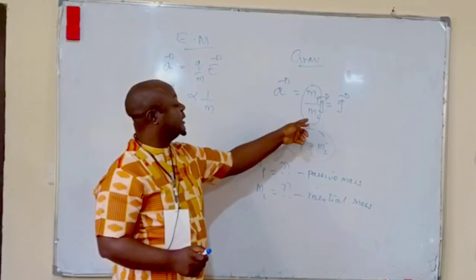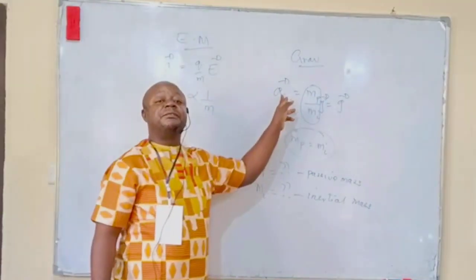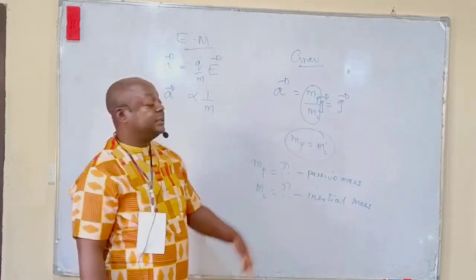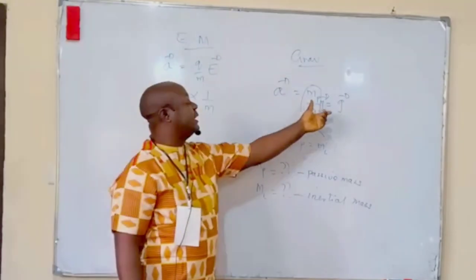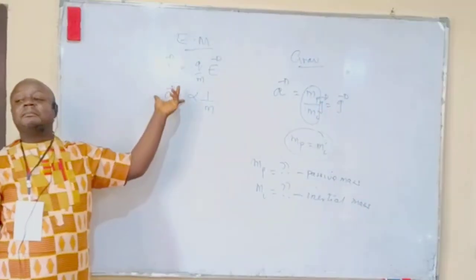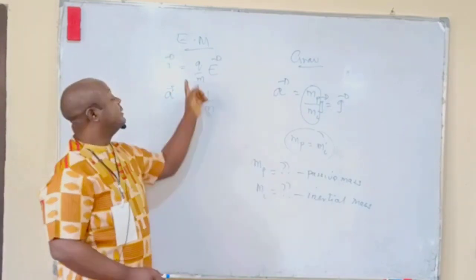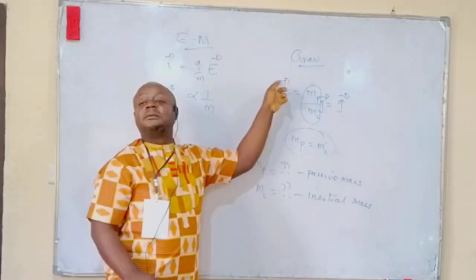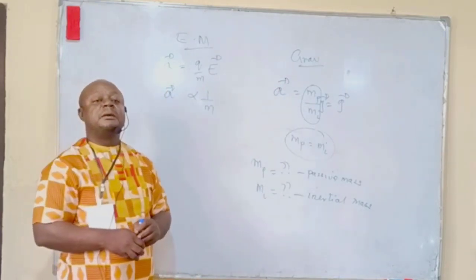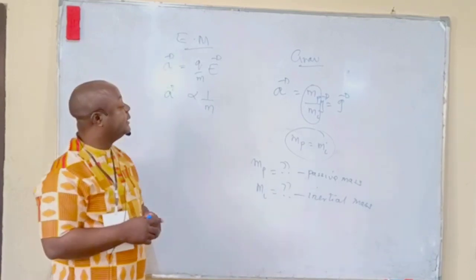So because of that, the acceleration in the gravitational field does not depend on mass. So if the acceleration in the gravitational field does not depend on mass, and the acceleration in the electromagnetic field depends on mass, then these two fields are unique, so to say.